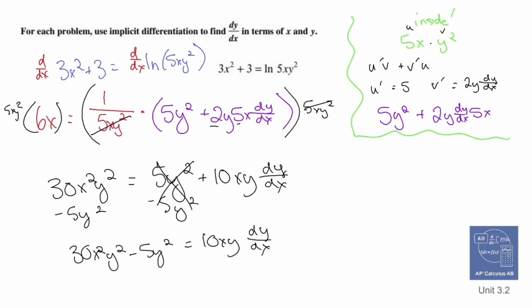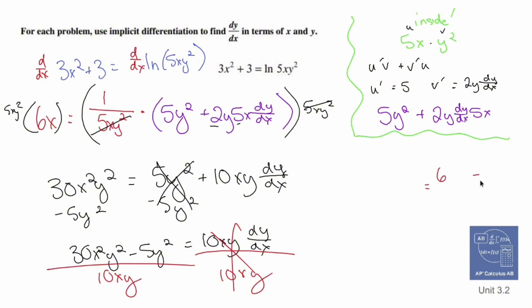Last step, divide everything by 10xy, and some simplifying happens, right? And we'll write it over here. 30, 5, and 10 are all divisible by 5, so 6, negative 1, and 2.